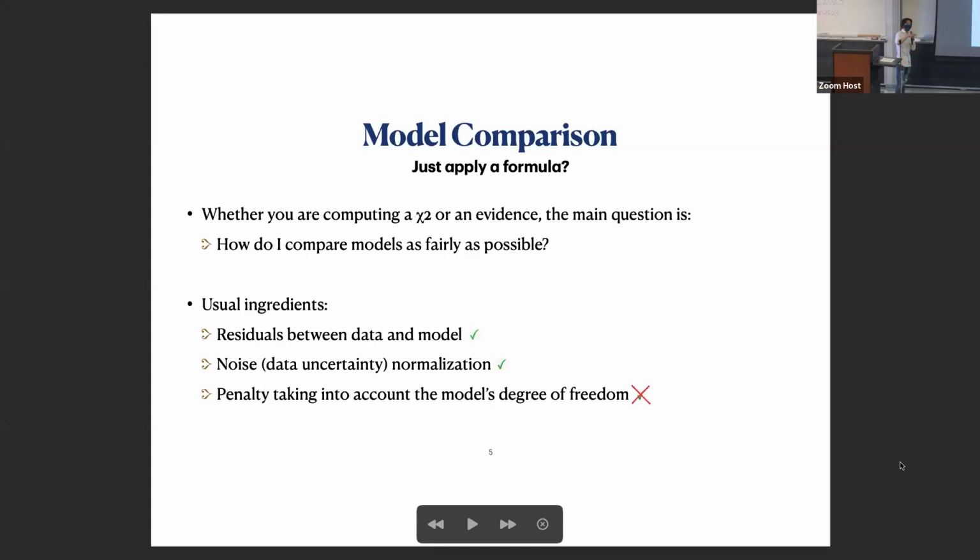The ingredients are always the same. You will always find the residuals between the data and the model, common to both metrics. You have some estimate of the noise, and an estimate that penalizes models with a large number of degrees of freedom.